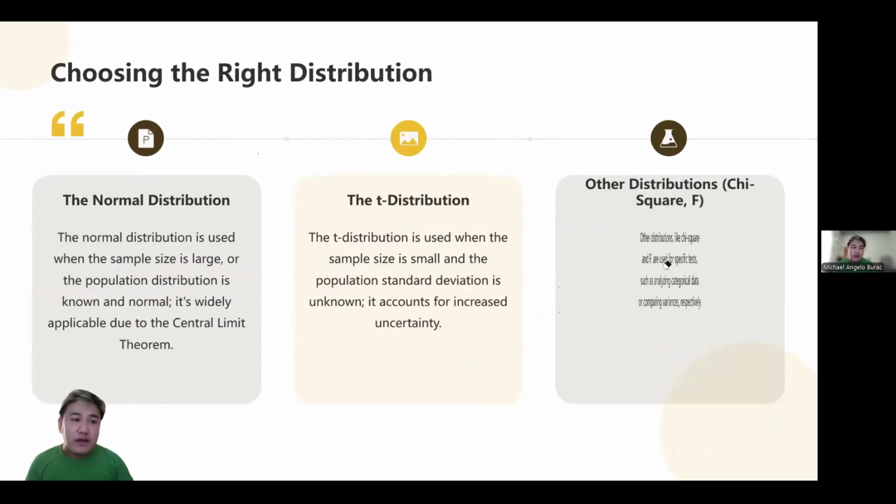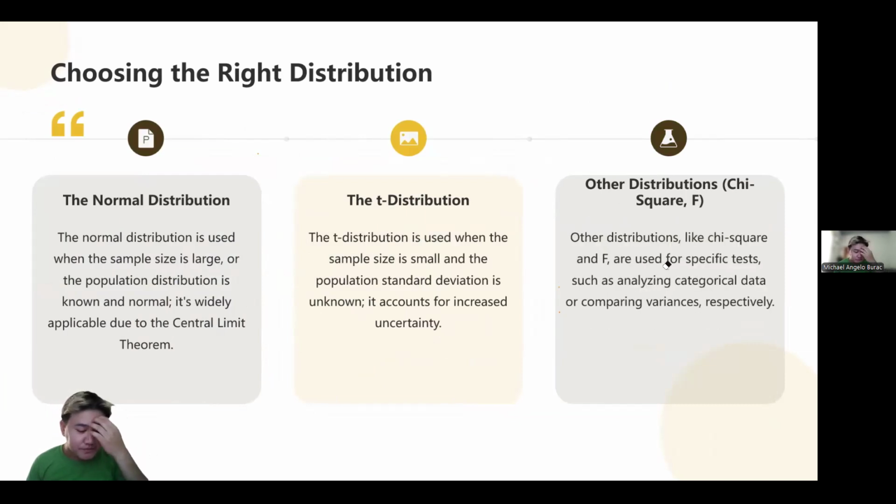When we speak about the normal distribution, again, the larger our sample, when we know the standard deviation, we use the z-test. We use the t-test if we have a small sample and an unknown standard deviation. There are other distributions like chi-square and F. These are used to analyze categorical data or compare variances, respectively.